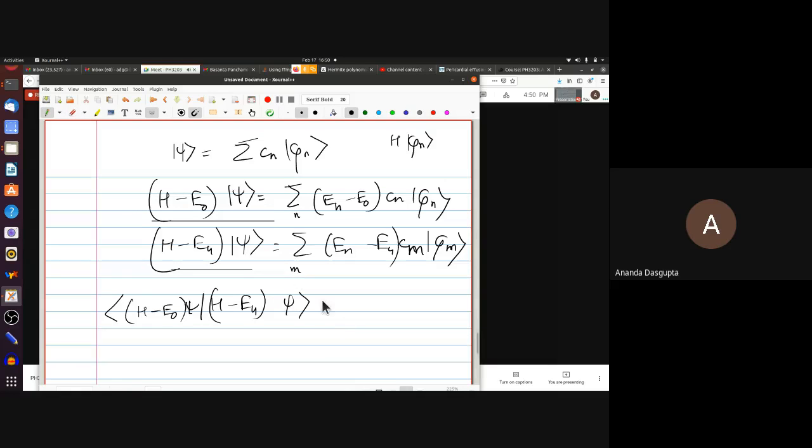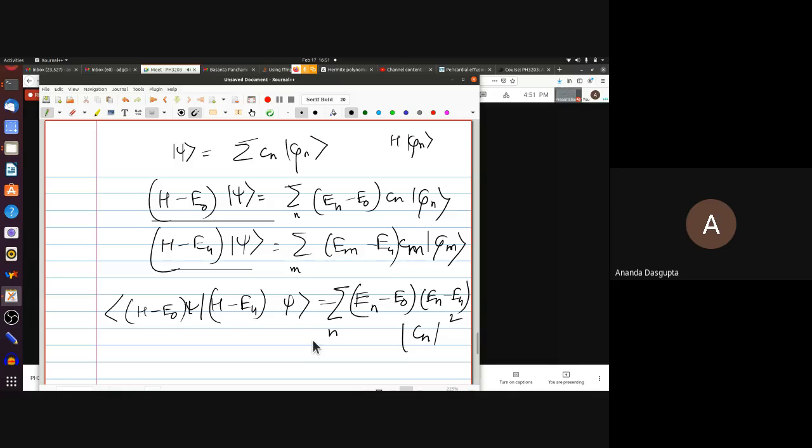It's obvious that because phi n and phi m are orthonormal, when you multiply them term by term and add, only n equal to m terms are going to survive, and you're going to be left with En minus E0 times En minus E4 times Cn mod square, sum over all n. Just like you had En minus E0 times En minus E1 times Cn mod square for all n.